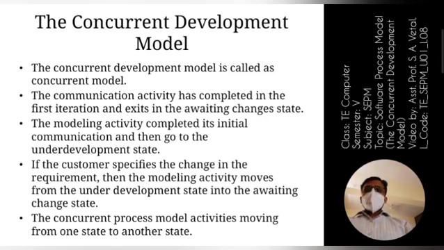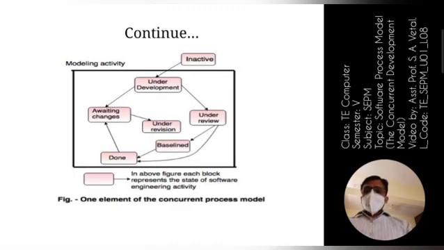Let us discuss it with an example or the elements of the concurrent process model. The diagram is there. Let us consider your project is in the inactive state. Your customer has given some changes to the software developer. Means your project will change from the inactive state to the under development state.